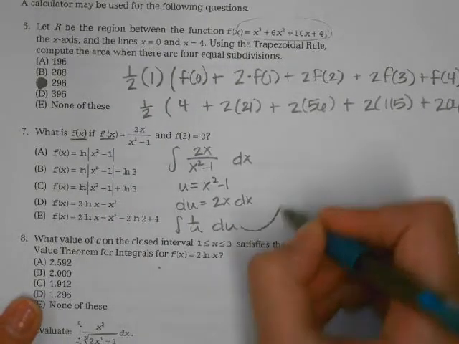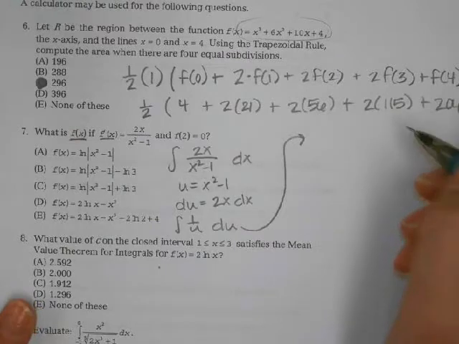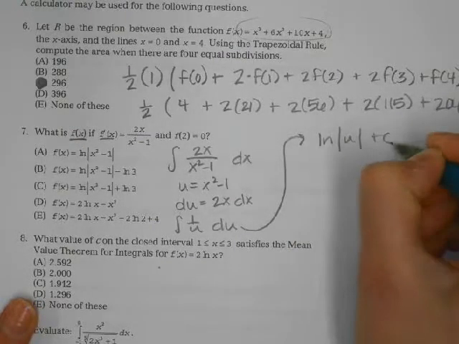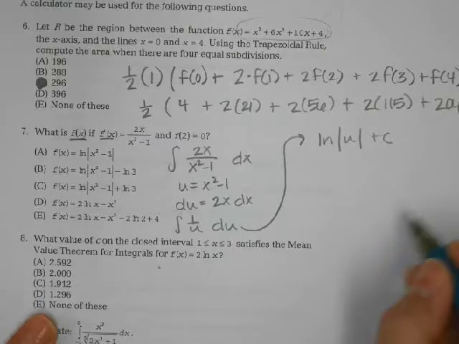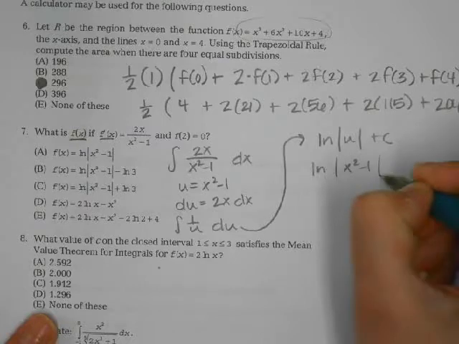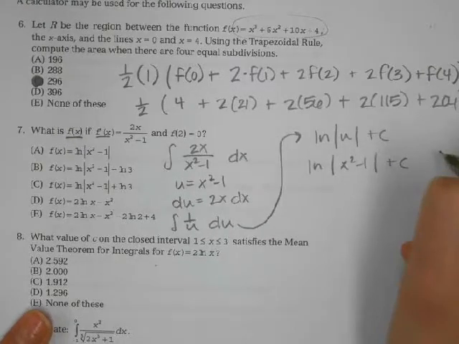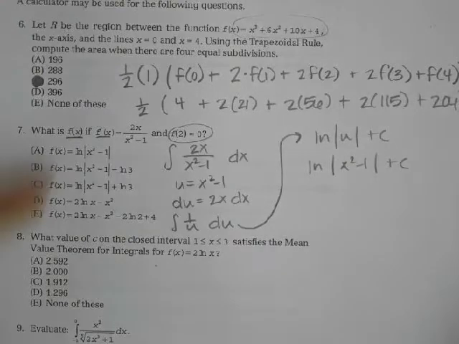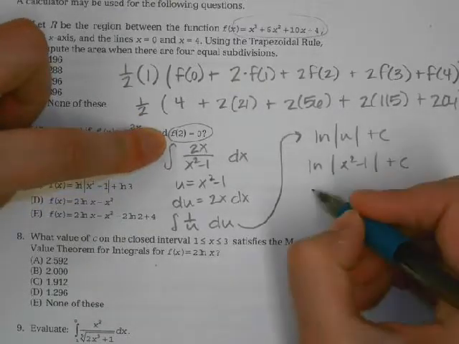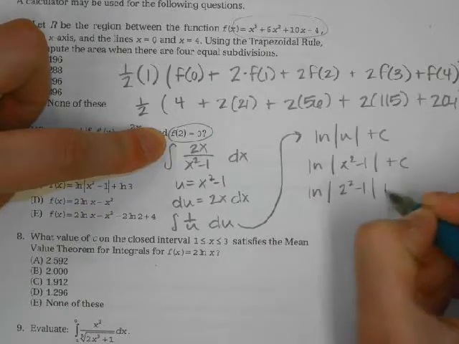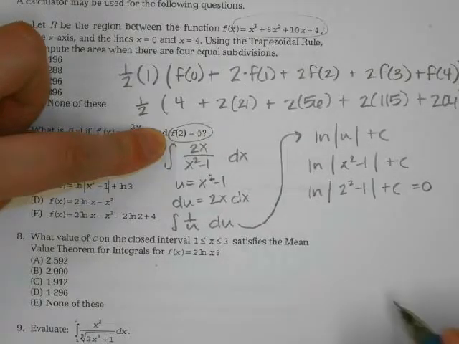So I went ahead and did that. The integral of 1 over u du is just ln u plus c. And then we can plug the u back in. And they gave us an initial value so that we could solve for c. So I know that if I plug in 2, I get 0 as an answer. So ln of 2 squared minus 1 plus c equals 0.